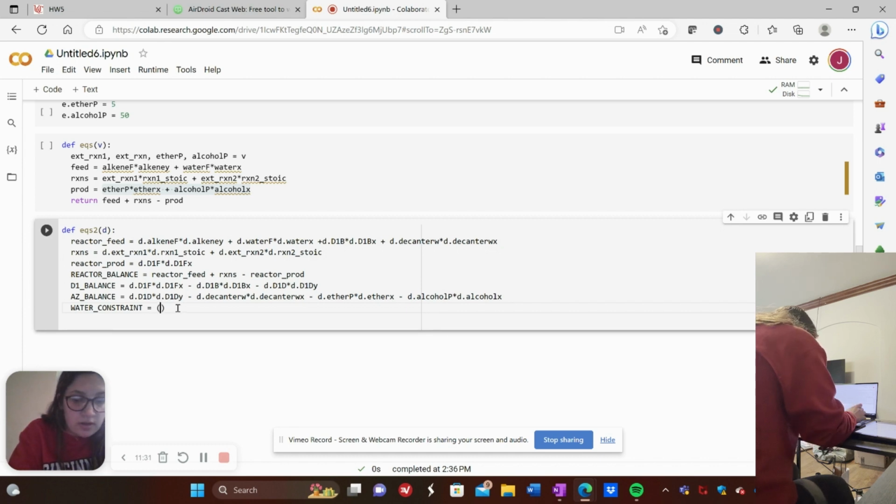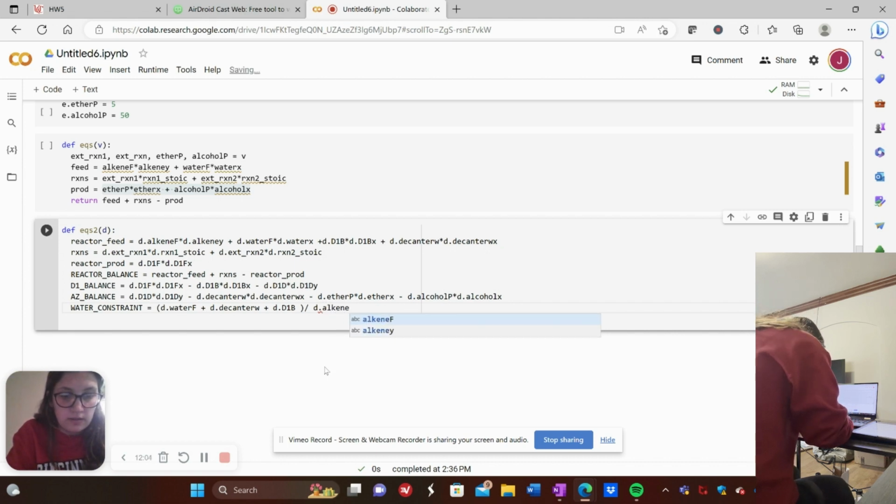So we will have this water feed plus decanter stream plus D1B over dot alkene feed, and now it's minus the ratio.